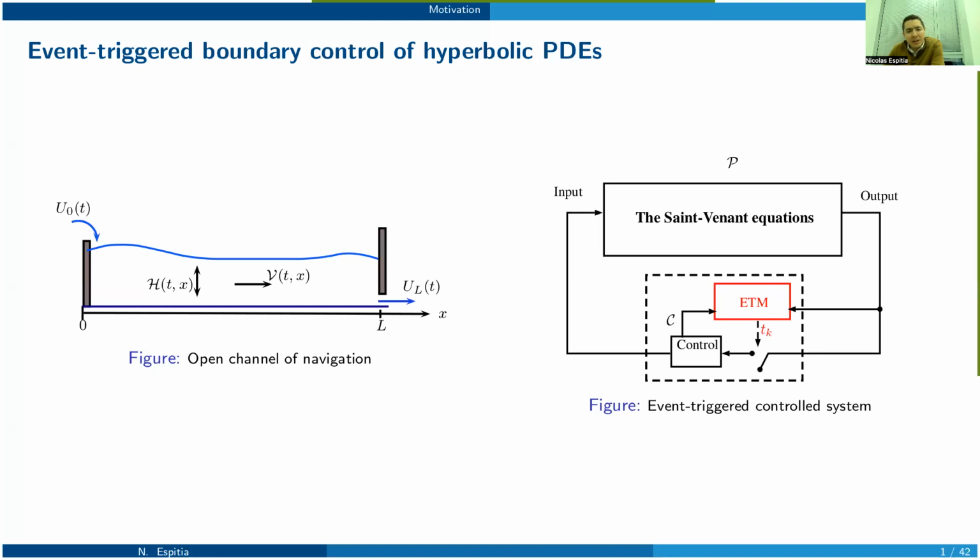But the question now is how to perform a realistic actuation on the system, and also how to implement the continuous time controllers. And I ask that because in real life, we cannot open and close the water gates continuously.